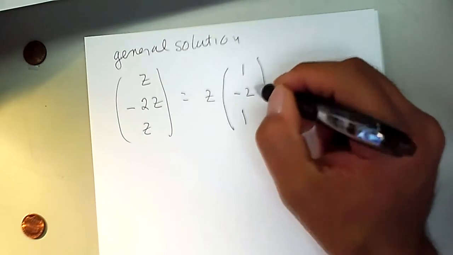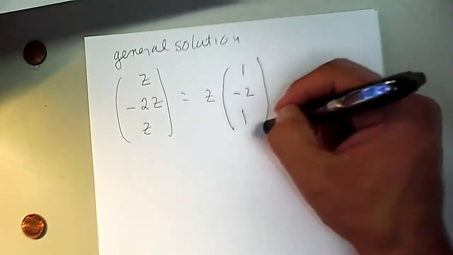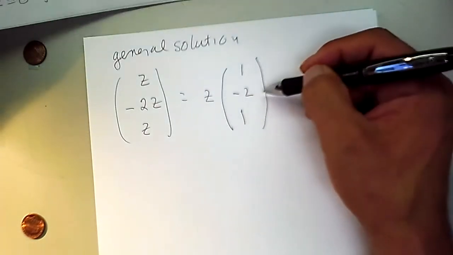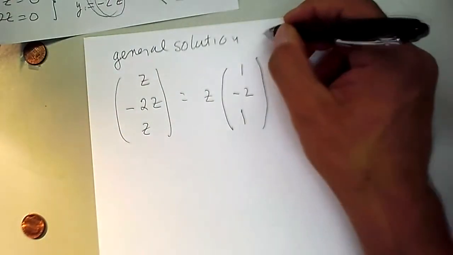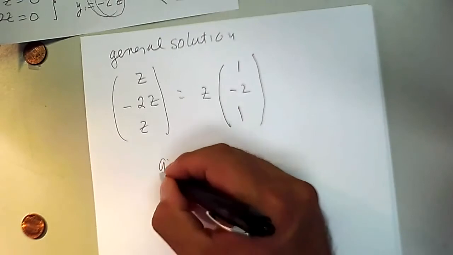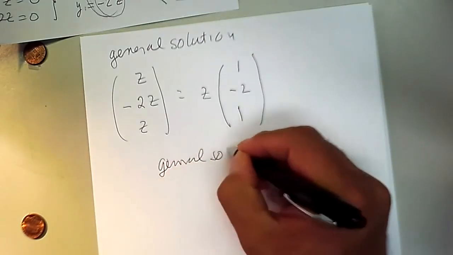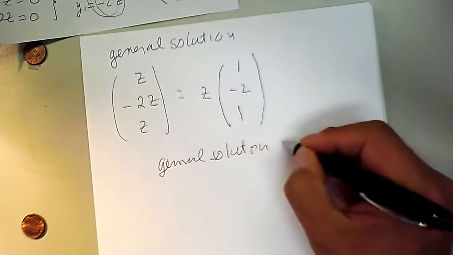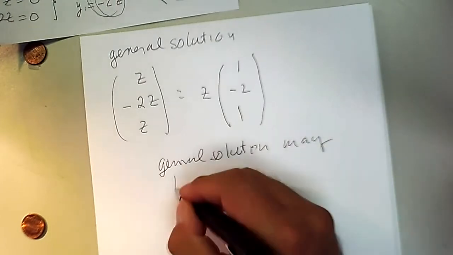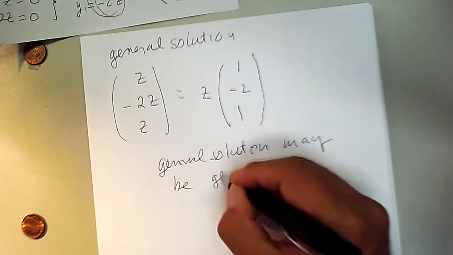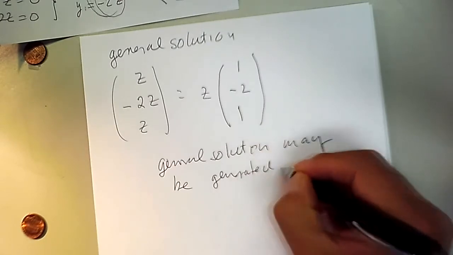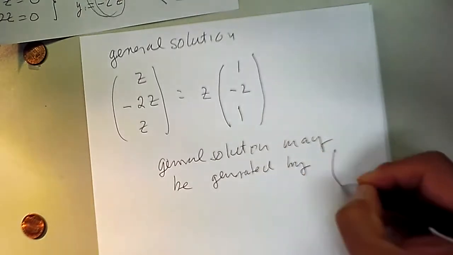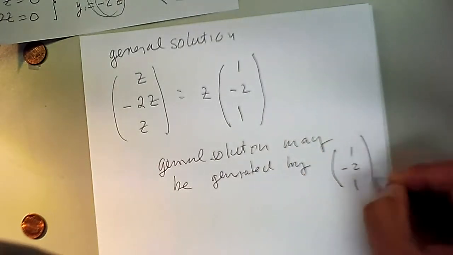So the general solution can be generated by this single vector. That is very, very interesting. So the general solution may be generated by 1, negative 2, 1.